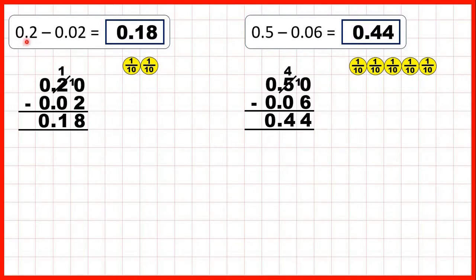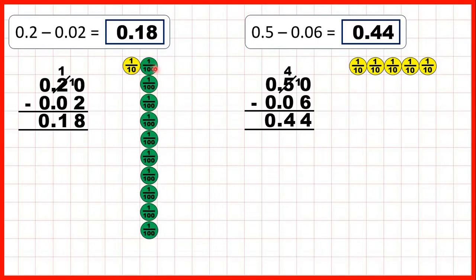So with 0.2, we have 2/10, but we want to take away 2/100ths. To do that, we need to exchange one of our tenths for 10/100ths. That's why we did the exchanging to show 1/10, and that gave us 10/100ths. So when we took away 2/100ths, we were left with 1/10 and 8/100ths, or 0.18.